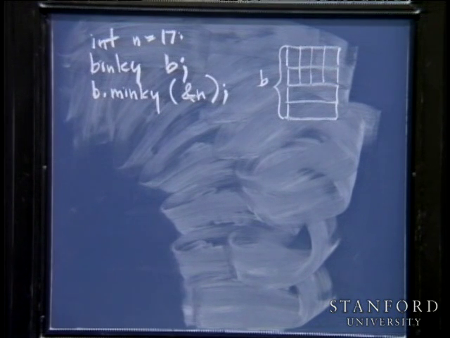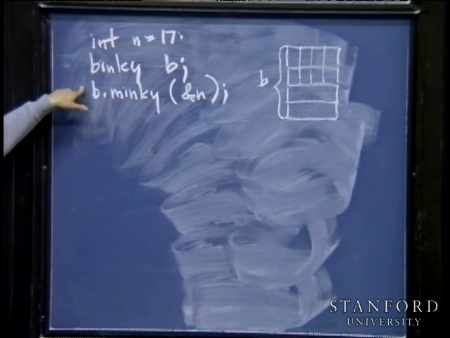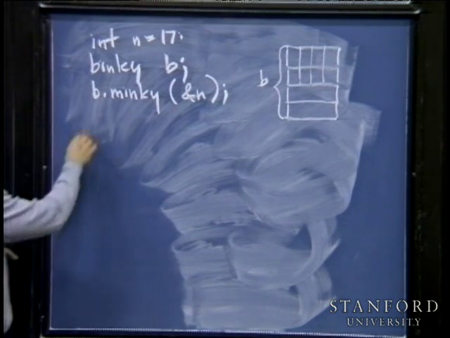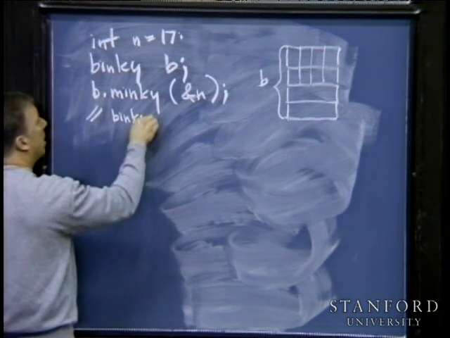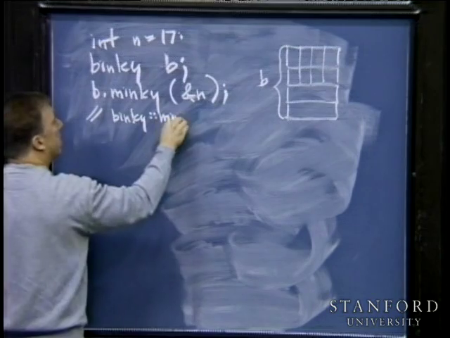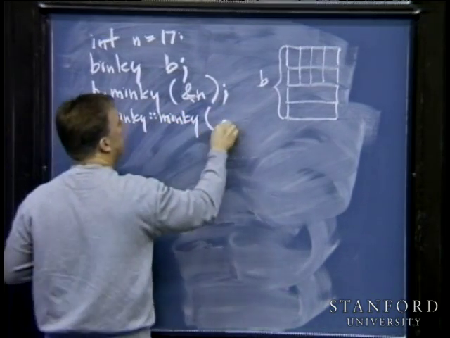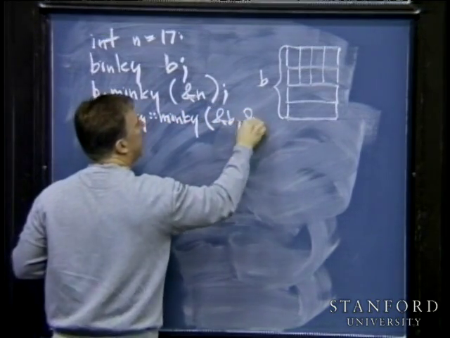What really happens on your behalf is that it calls the Minky function not with one argument, but with two. It passes the address of something that has to be a Binky class or a Binky struct as the 0th argument. So whenever you see this in C++, what's really happening is that it's calling the Minky function, passing in the ampersand of b and the ampersand of n.